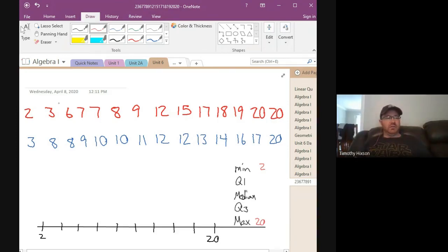The median in this case is going to be between 9 and 12. If I add 9 plus 12, I get 21. I have to divide that by 2, and that gives me 10.5. So that's my median for this bit of data.